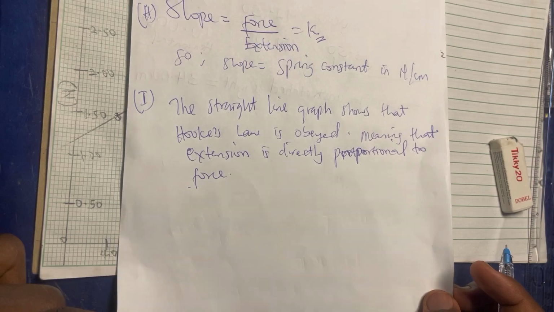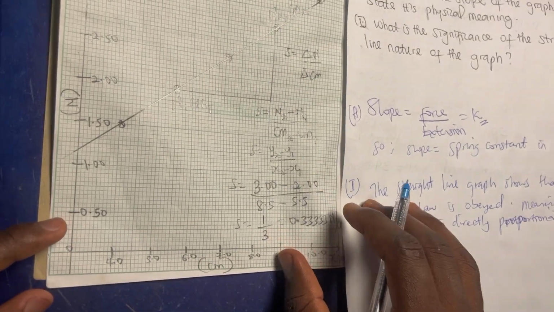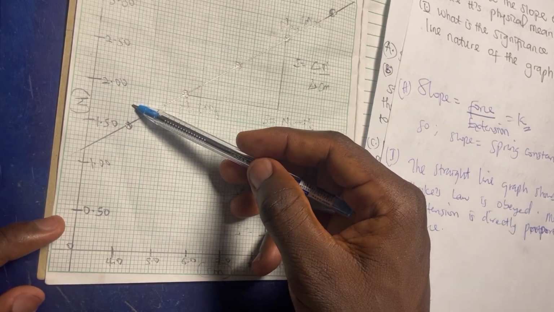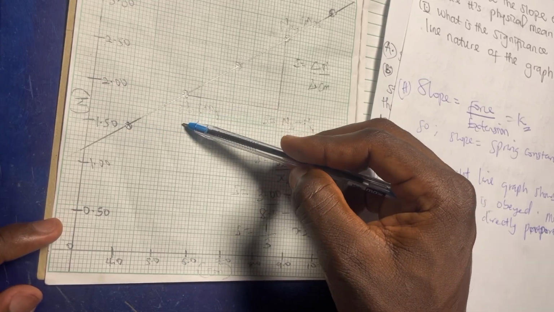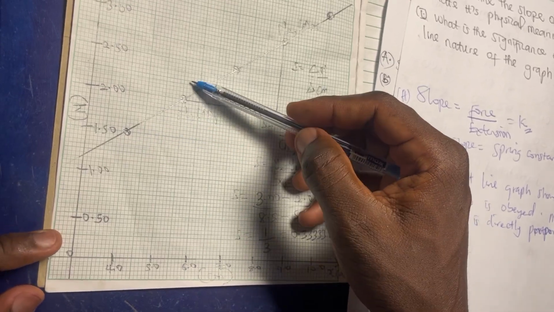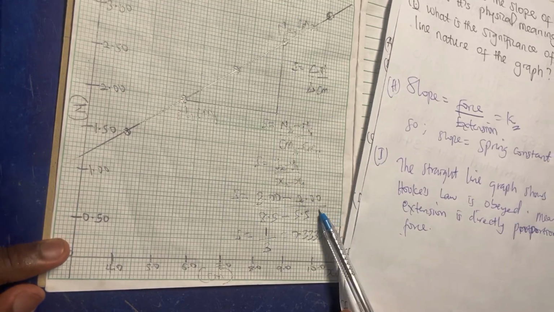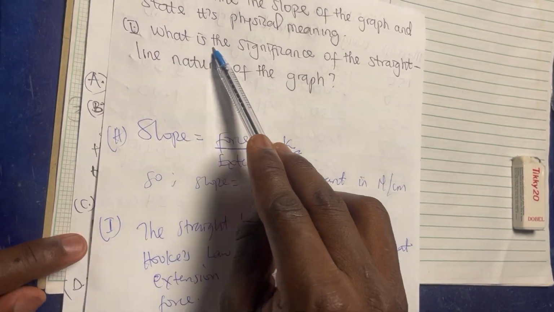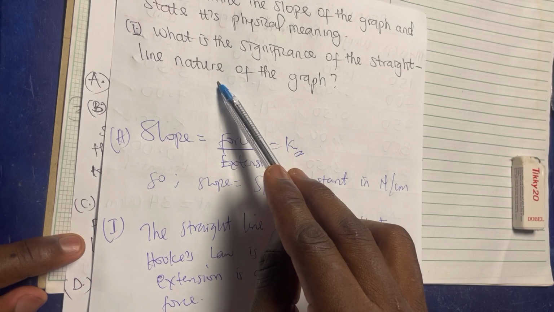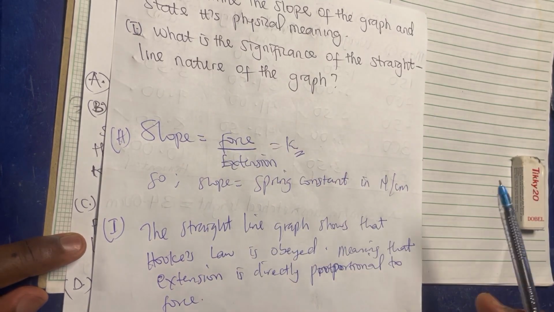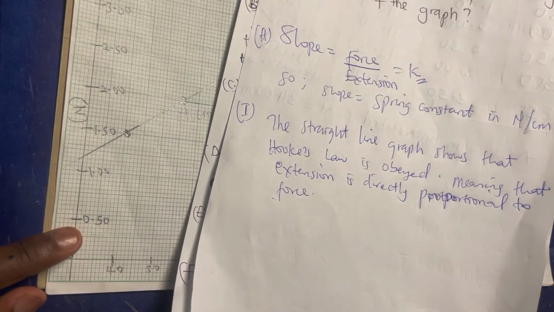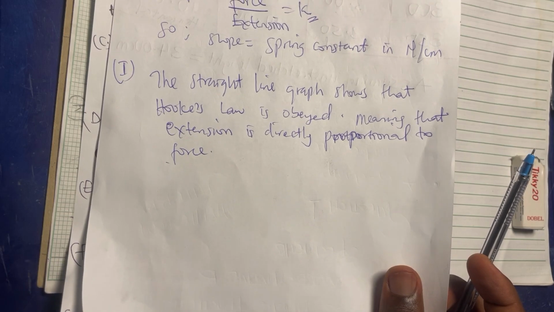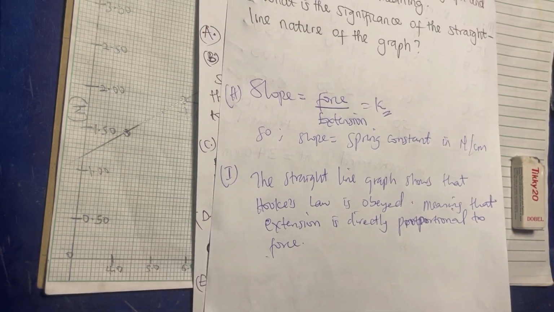That's the meaning from this graph here. As extension is increasing, the force is also increasing, so the weight is also increasing too. That's the significance of the straight line nature of the graph.